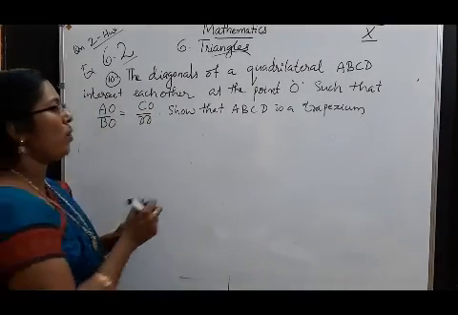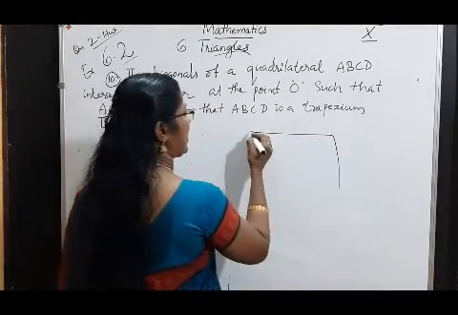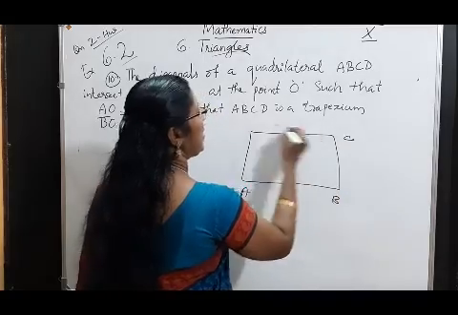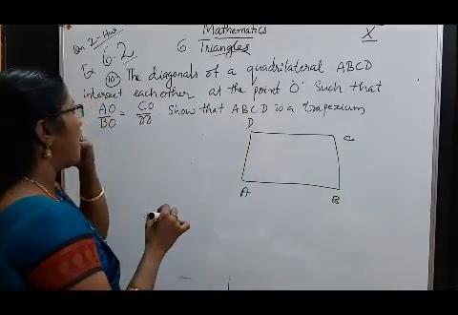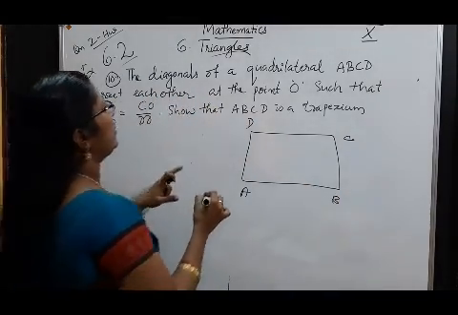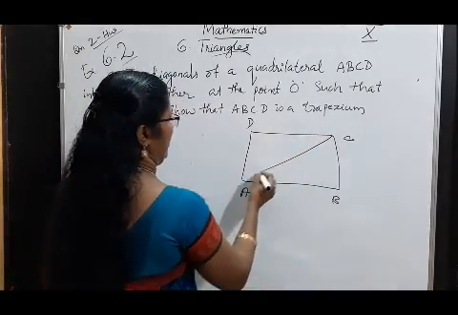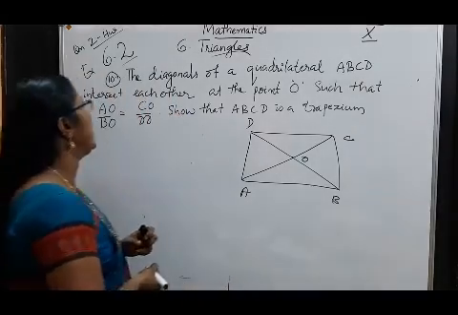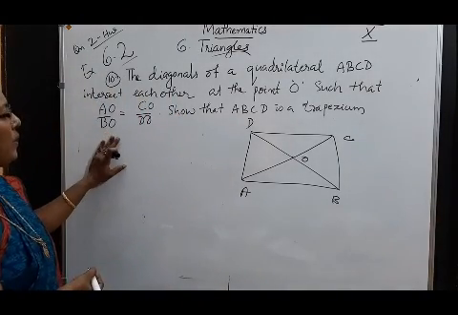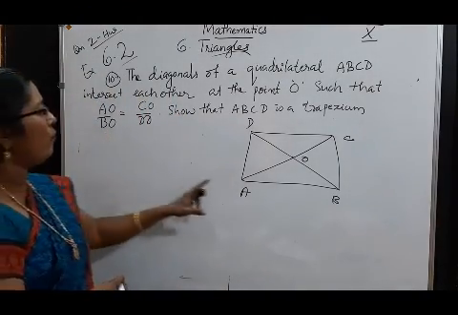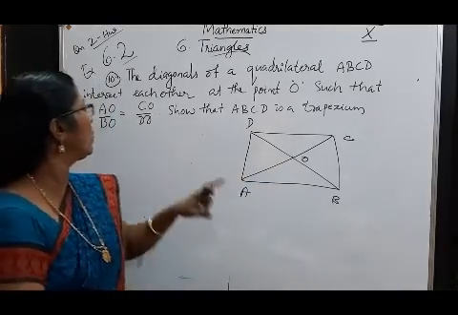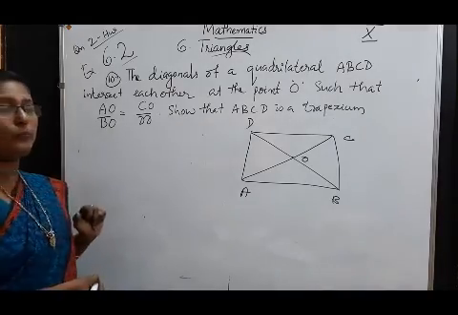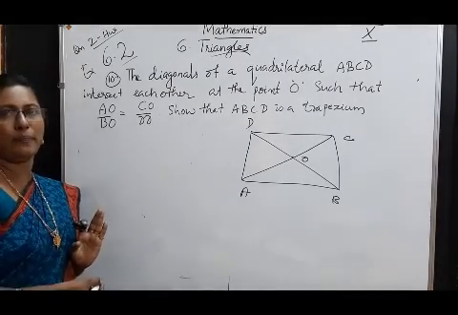The diagonals of quadrilateral ABCD intersect each other at a particular point O such that AO by BO equal CO by DO. That is given. We want to prove this quadrilateral is trapezium.